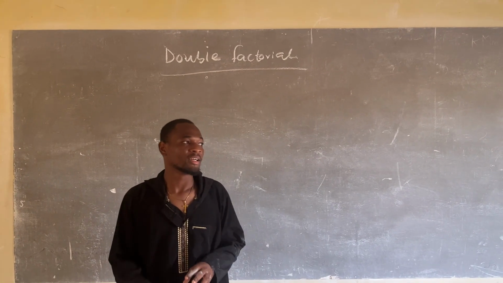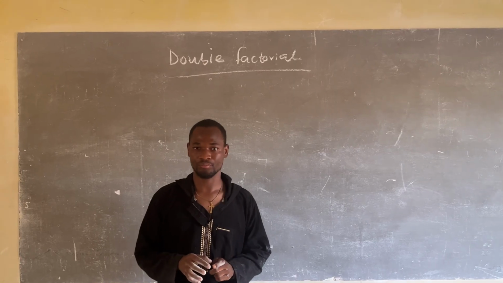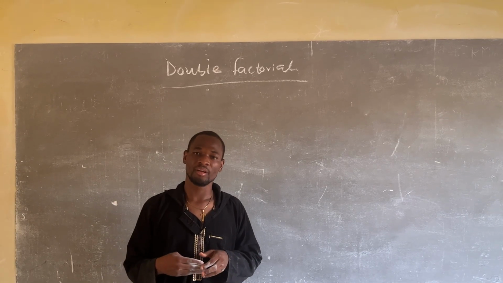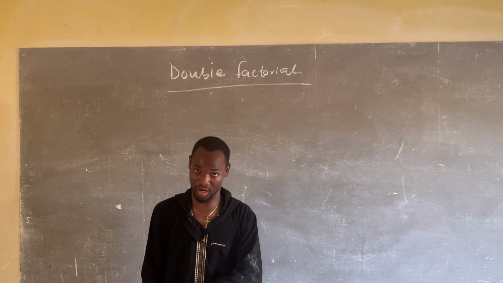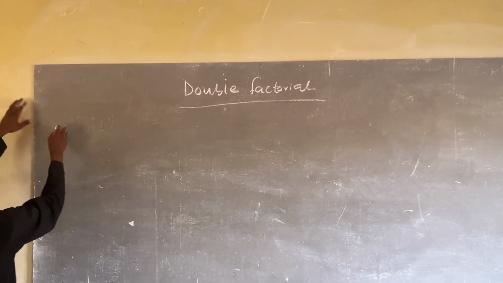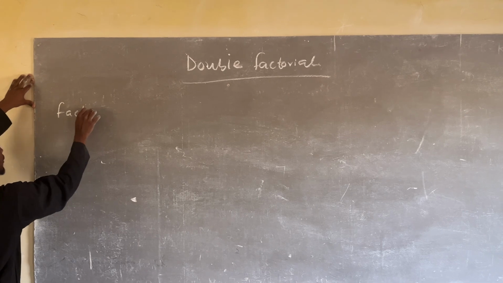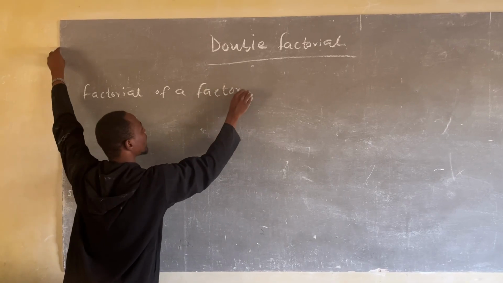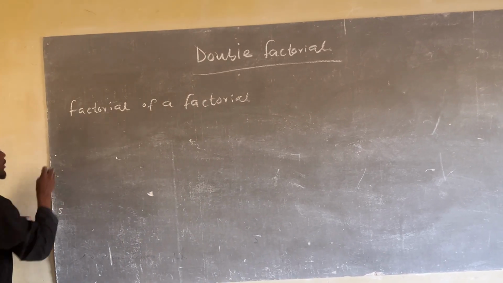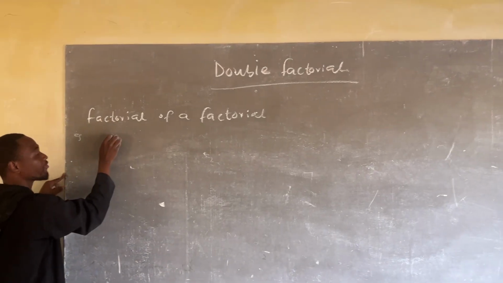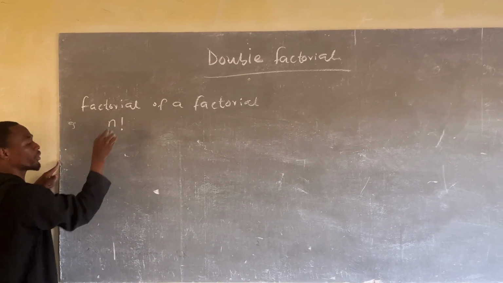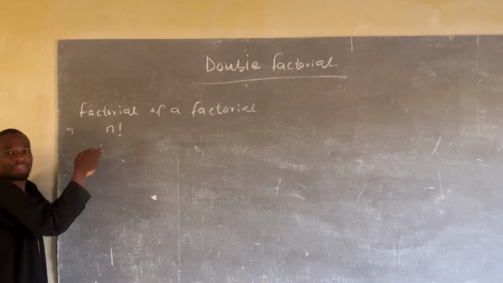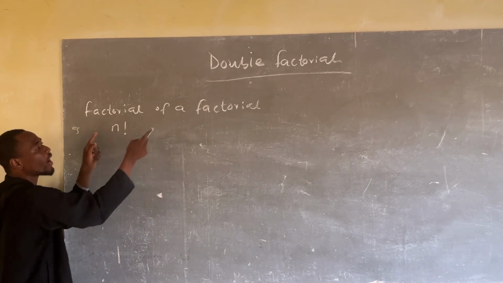So viewers, let's note this carefully. We have double factorial of n, and we have factorial of a factorial. For example, if I have factorial of n, which is n factorial, and I want to take the factorial of this n factorial, that's what we mean by factorial of a factorial.